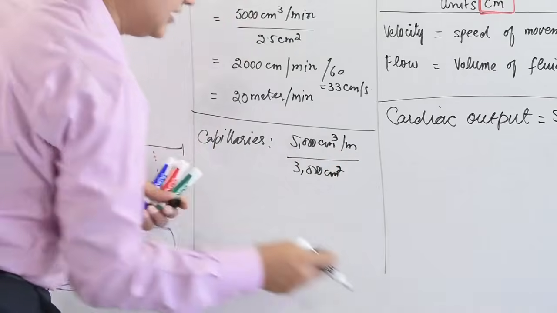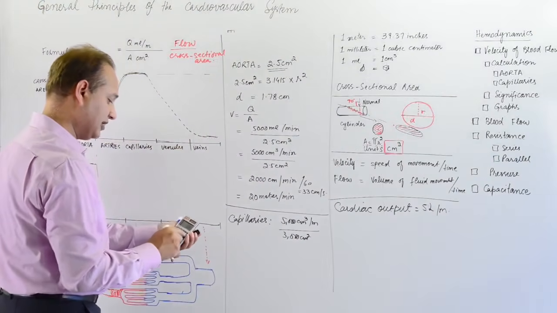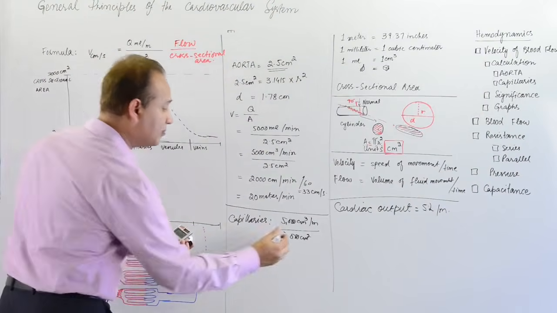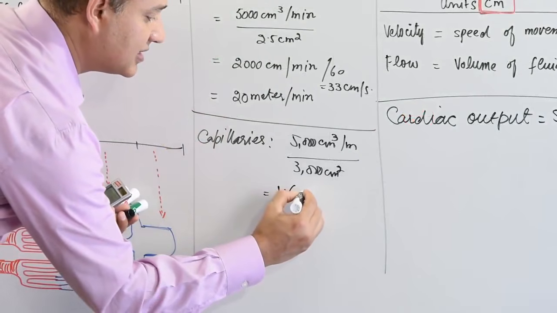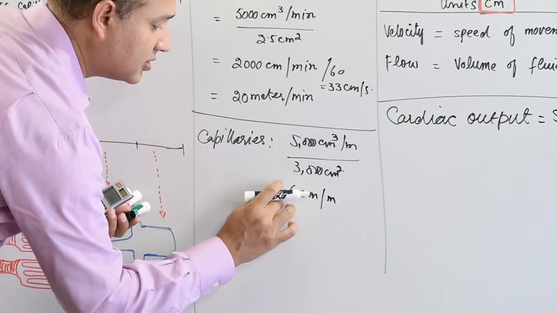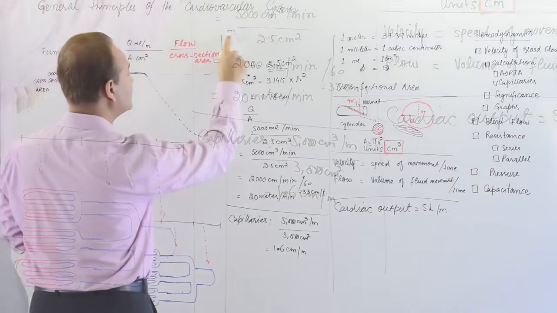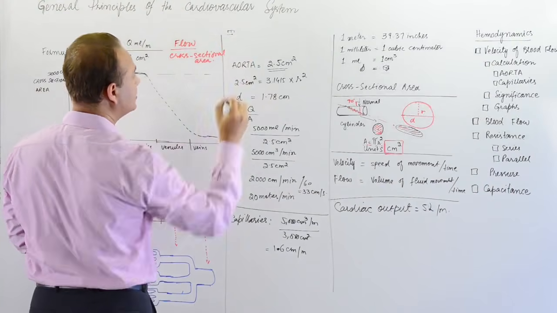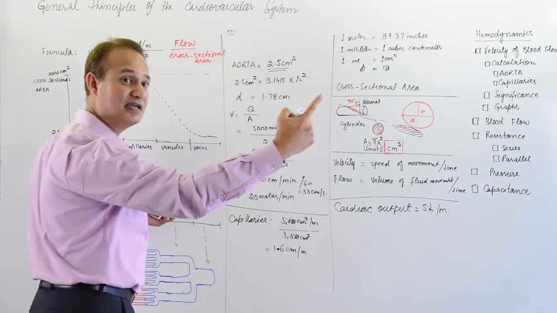If you see that, 5000 divided by 3000 is about 1.6 centimeters per minute. That is really low, just 1.6 centimeters. So remember, these are centimeters. It is just this much in a minute, compared to 20 meters in the aorta.